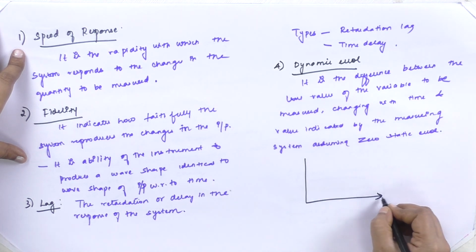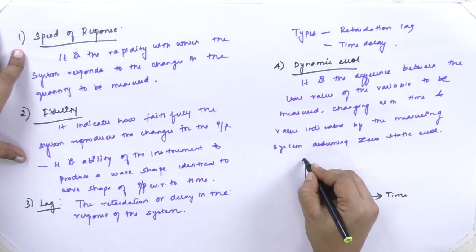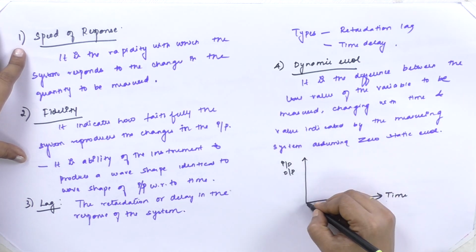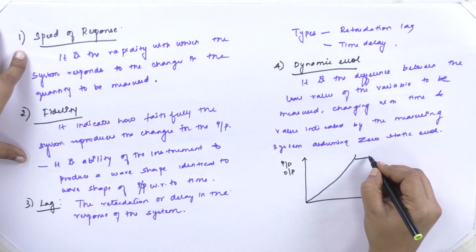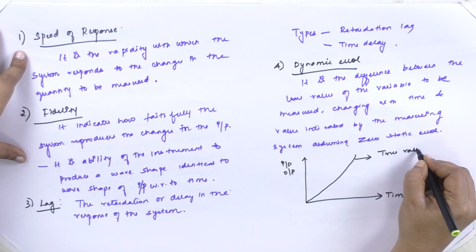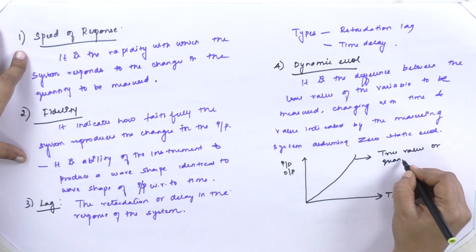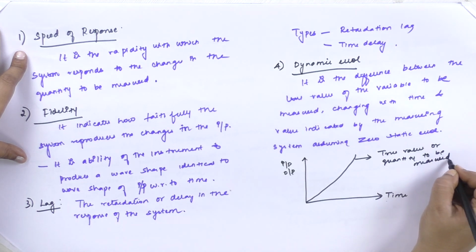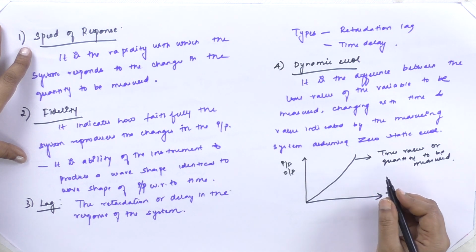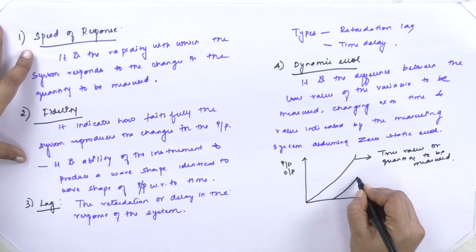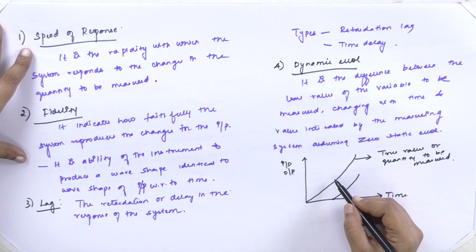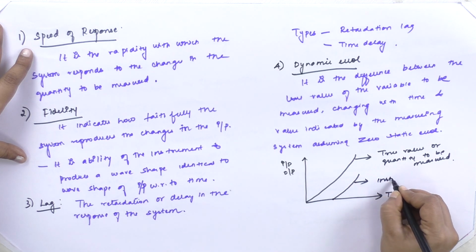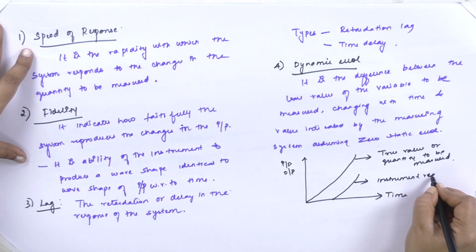Let us see the characteristics. If you draw the characteristics of the instrument, it is the input and output characteristics with respect to time. We get a characteristic like this, which represents the true value or quantity to be measured. But if you draw the characteristic for the instrument reading, we get a characteristic like this. There is a difference between the true value and the instrument readings.